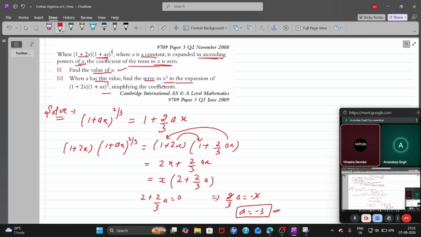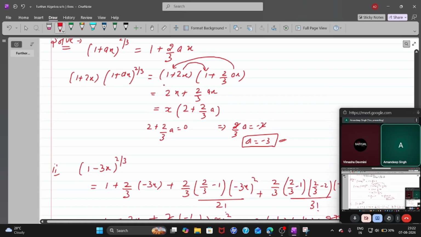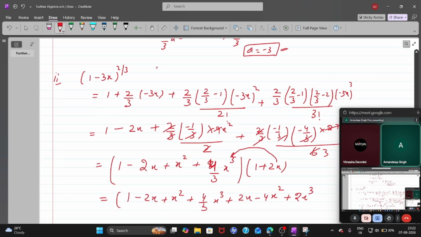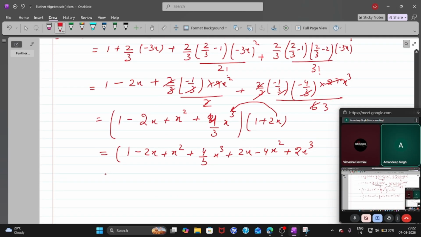That means we are not supposed to find the coefficient of x cube only. We have to find the term in x cube. Term in x cube, the overall term in x cube.